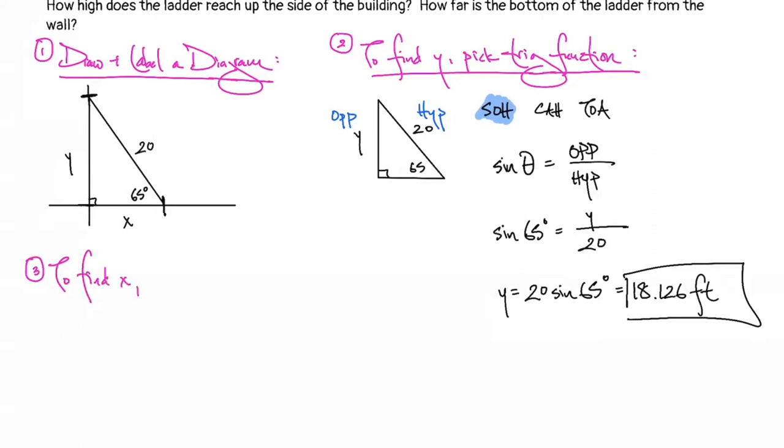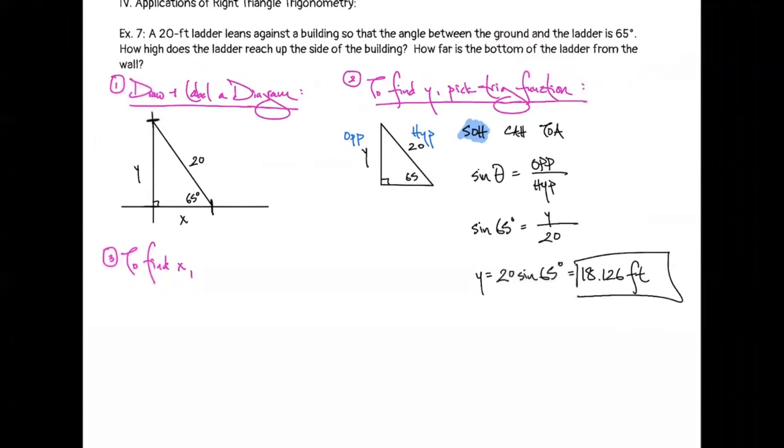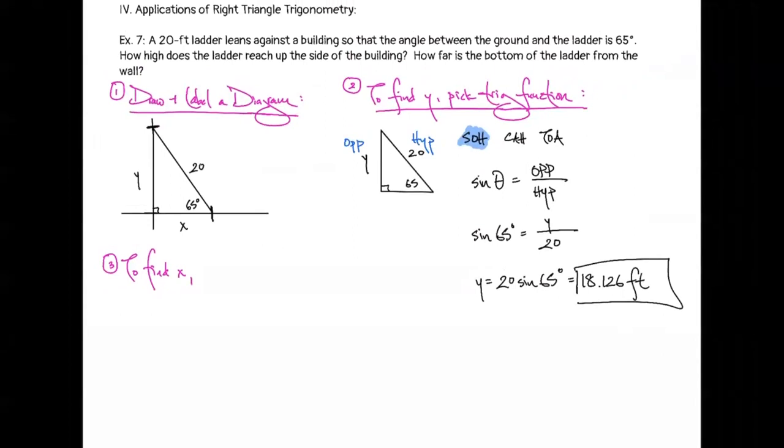All right. Now to finish this problem though, we need to find a value for x. Right? We need to find a value for x. What are people's ideas on how we could find x?